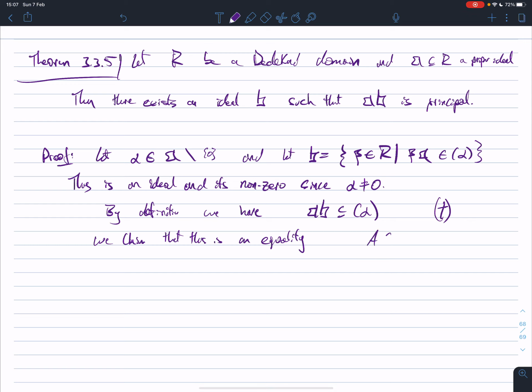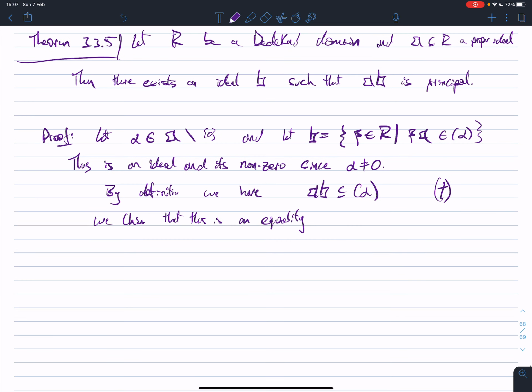I allow equalities, and I'll say explicitly if it's not the case. So in case you go through the notes, don't worry too much about the inclusions. Unless I've said something about them, just assume that they can be subset equals. So we claim that this is an equality.